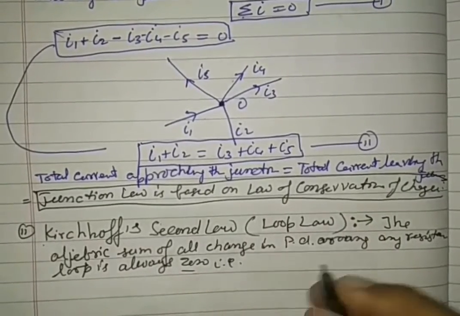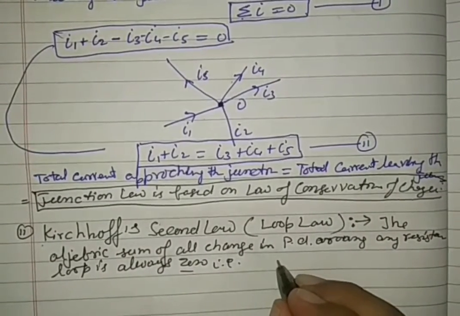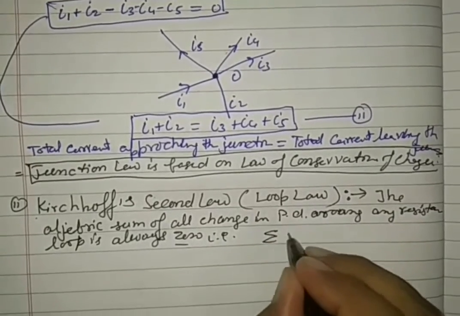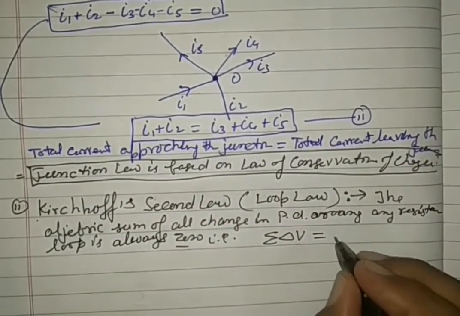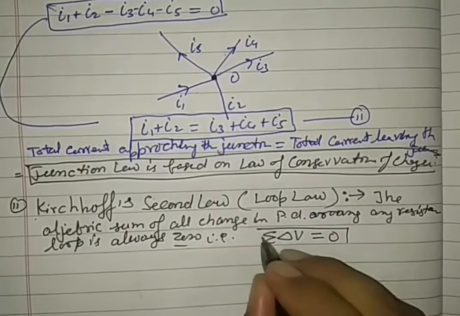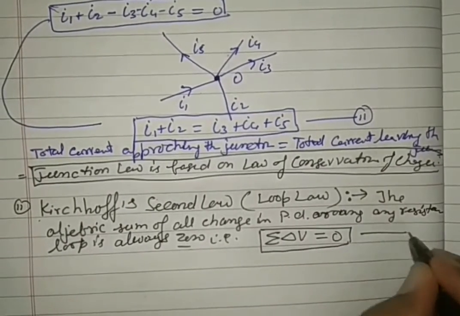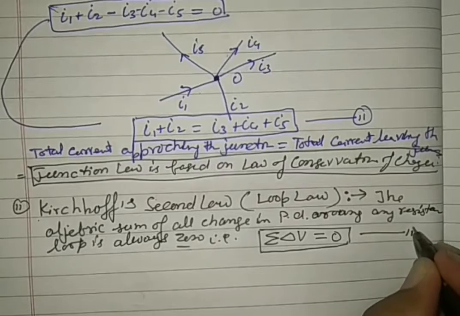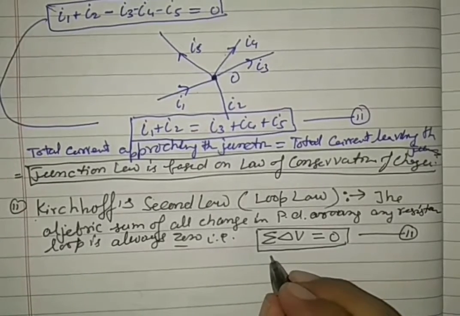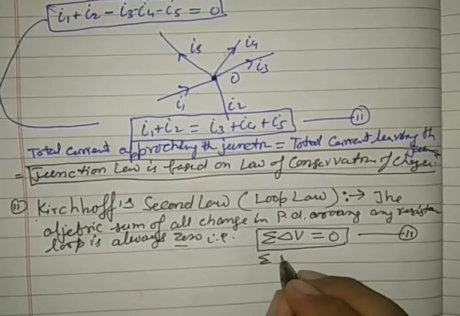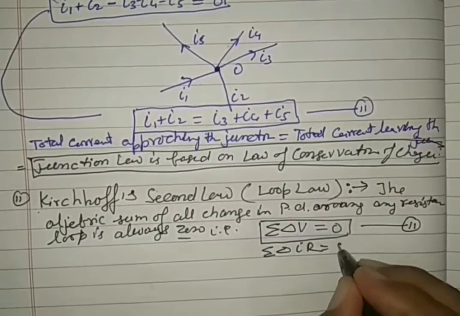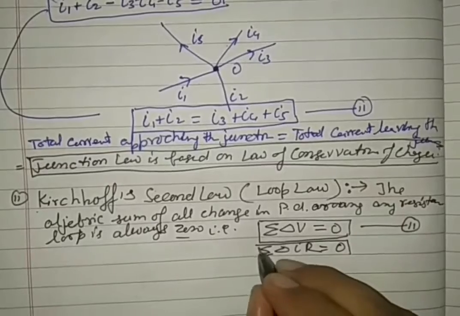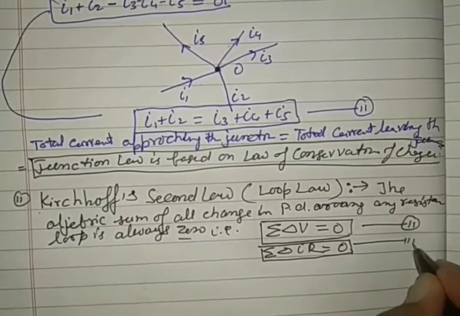That is, mathematically speaking, summation of all changes in potential difference is equal to 0. It is represented by equation 2, or it can also be written as summation delta V, that is IR, since V is equal to IR by Ohm's law, is always 0, represented in equation 3.